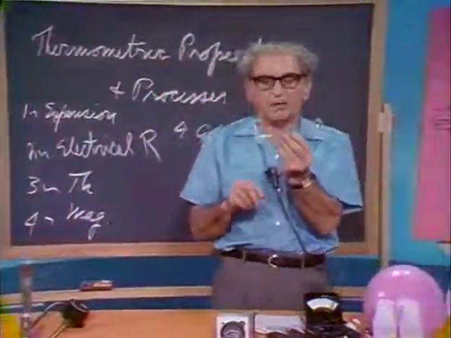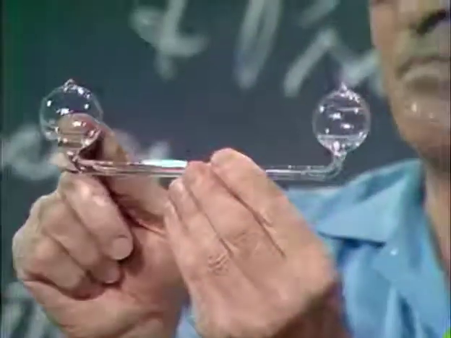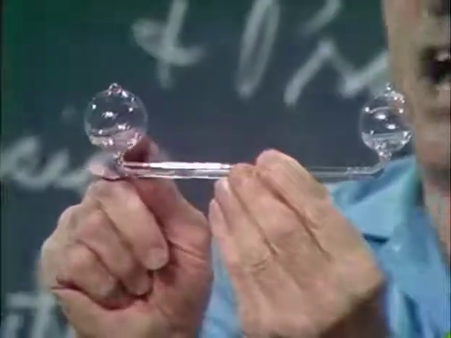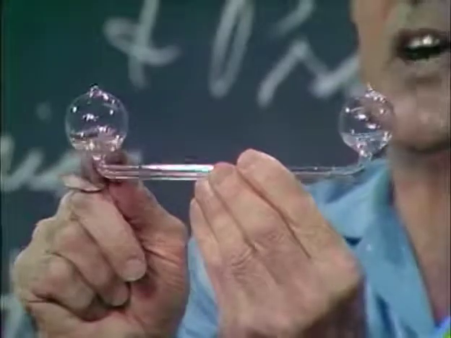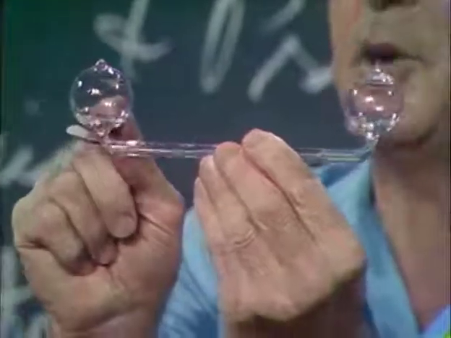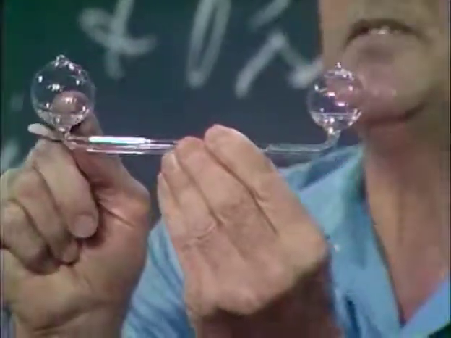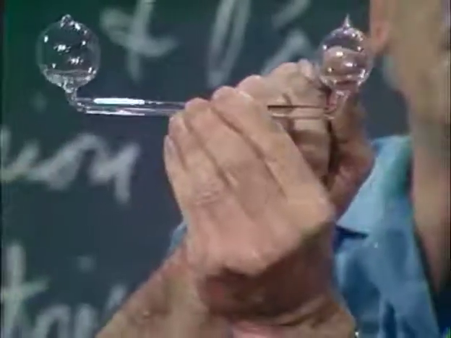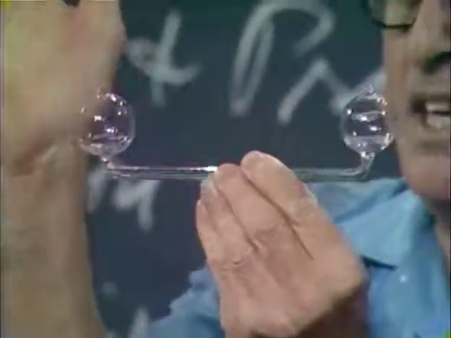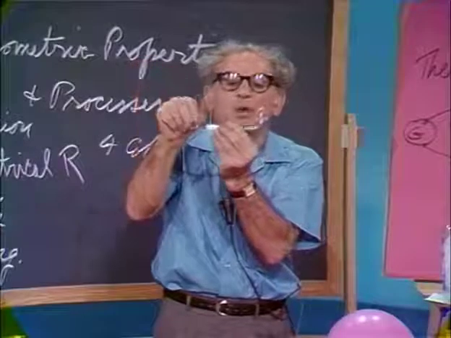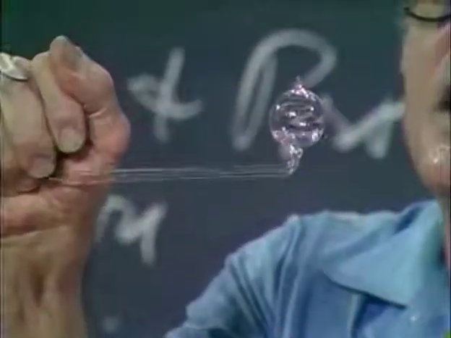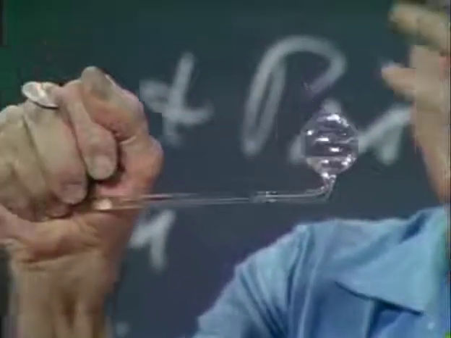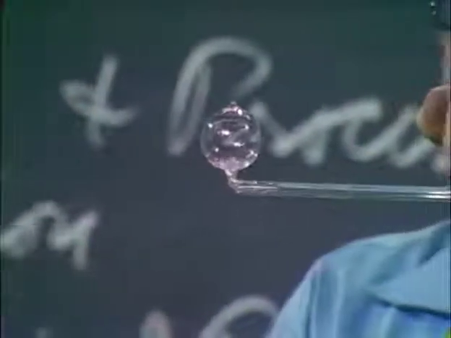Here is a little array of two bulbs with a very volatile liquid inside, like ether or acetone, and the vapor of the liquid is in one vessel above the liquid. Now I'm going to apply some heat from my hand. Watch it. Now, the action is not very fast.